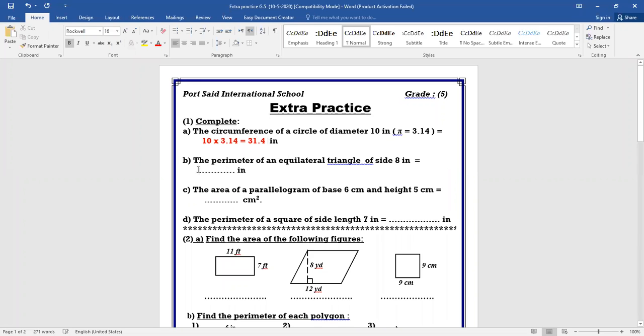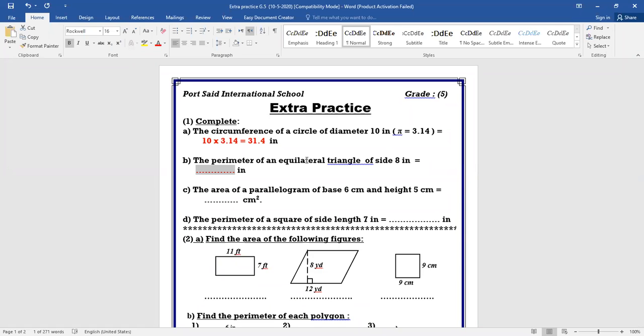Perimeter of an equilateral triangle. How many sides in the equilateral triangle? 3. Then the perimeter is... half? Why half? Perimeter, not area.